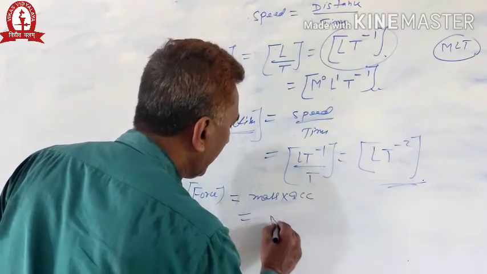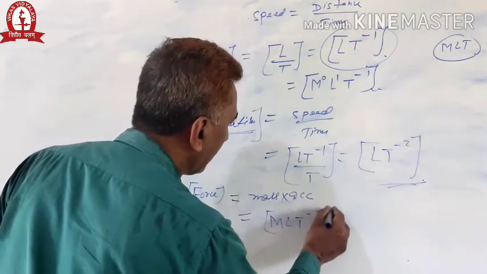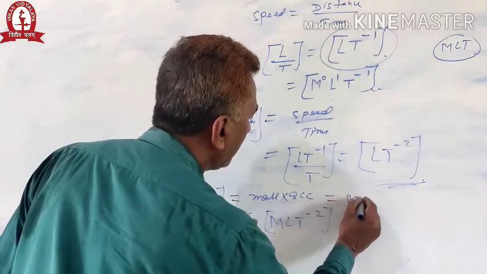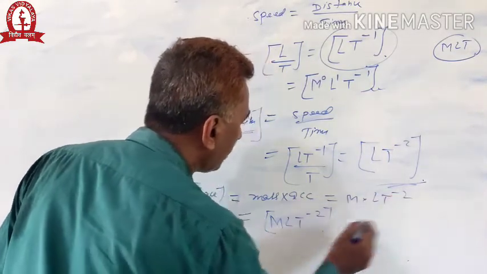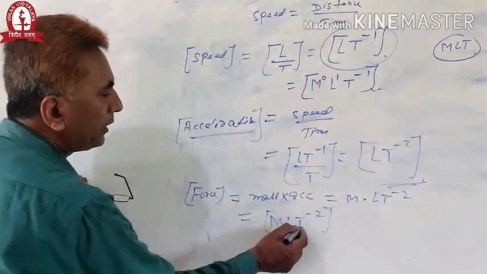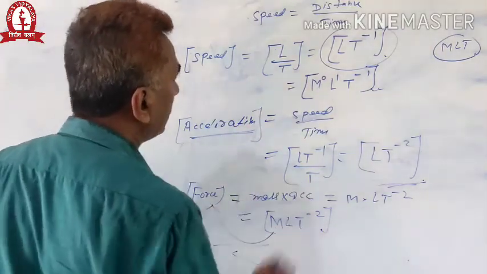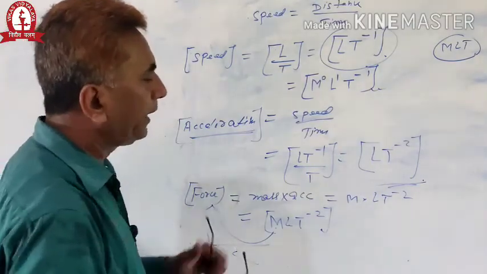So this will be equal to M L T minus 2. This is the dimension of force, because for mass I have M, and for acceleration I have LT minus 2. So in total this will be equal to MLT minus 2. This is the dimension of force, okay. And some complicated dimensional formulas I will take into consideration in the next class.